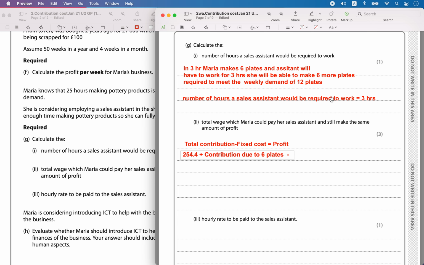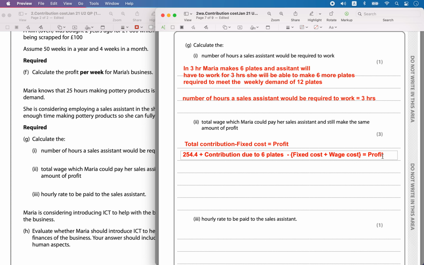Okay, that minus the fixed cost. You already had some fixed cost, plus the wage cost. The extra is the wage cost, which becomes a fixed cost for the assistant, and that is equal to the profit. This is how the change is going to take place with the extra hours. Okay, the extra 6 plates made by the assistant and the wage cost that's going to be incurred.